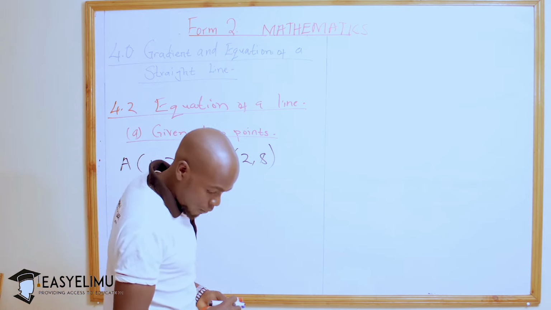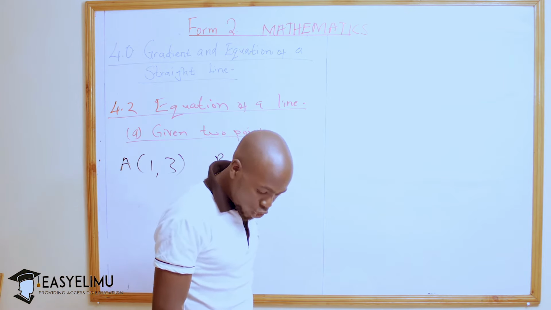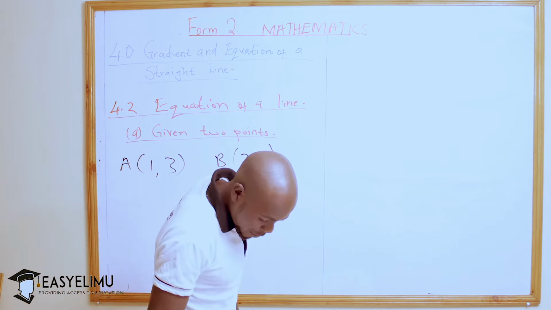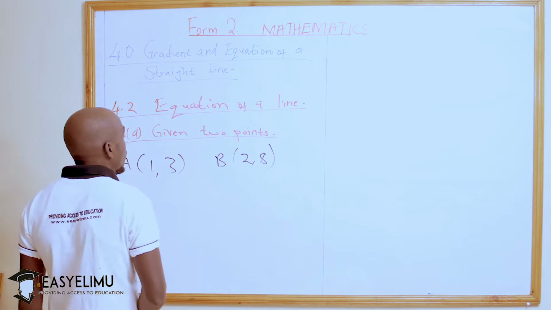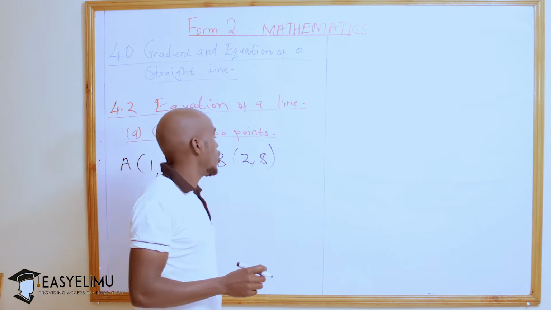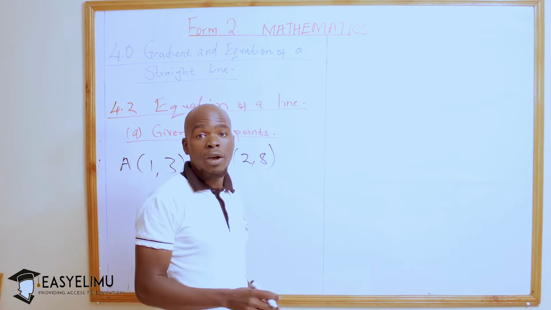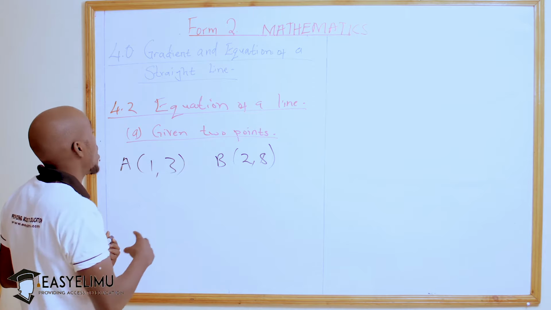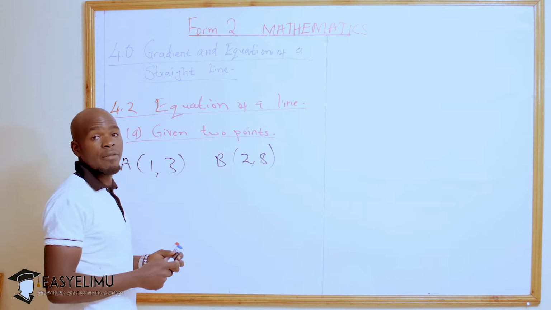And you'll be asked to find the equation of a line through the points A and B if the gradient is equal to 5. So you have been given this, and you can calculate it even if you haven't been told. If you haven't been told but you have been given the 2 points, you can still find the gradient.